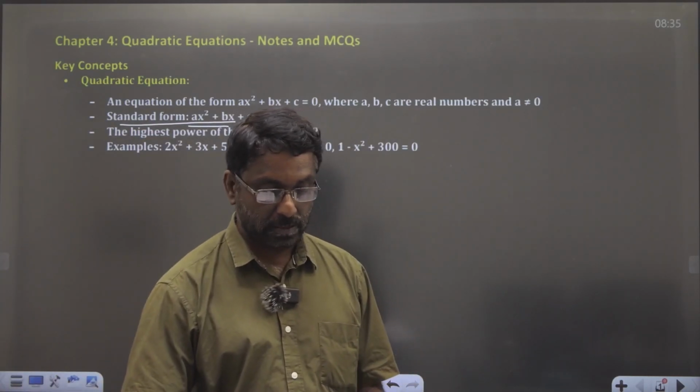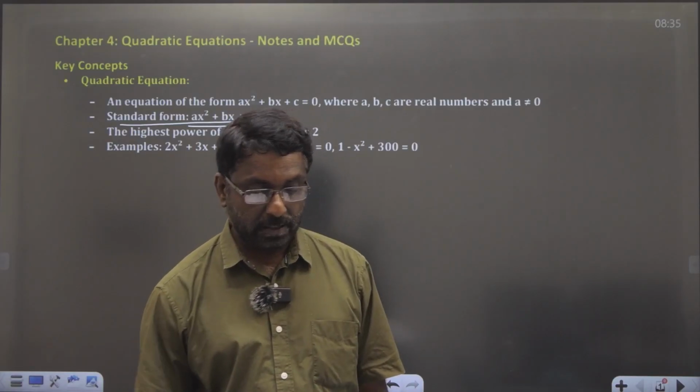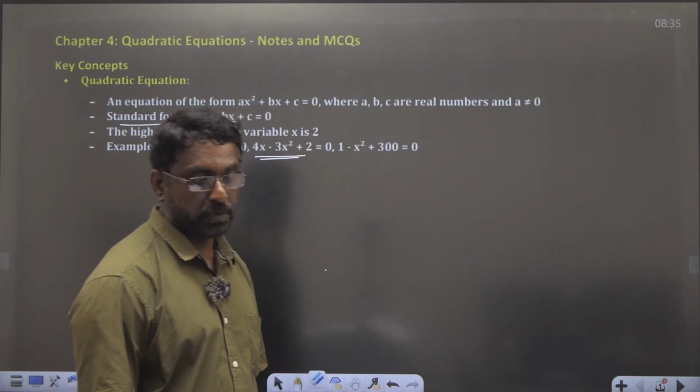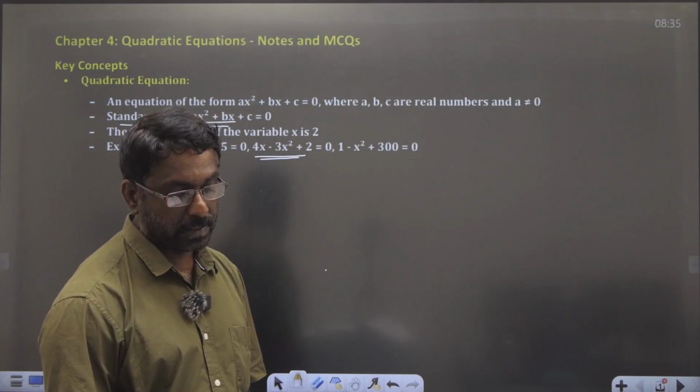Our first question is, find the root of the quadratic equation using method of factorization.